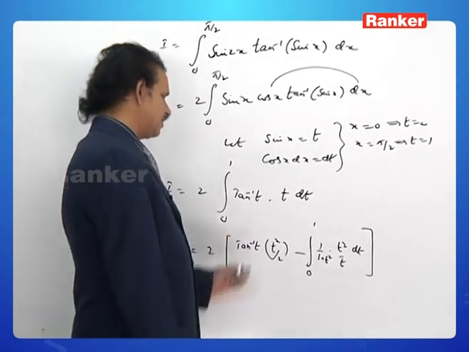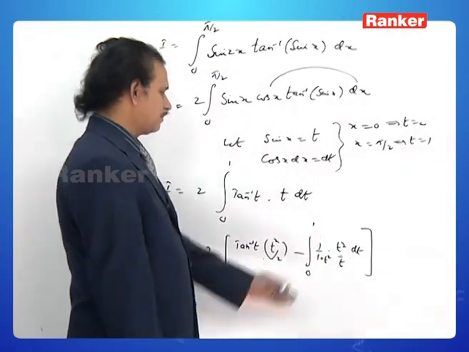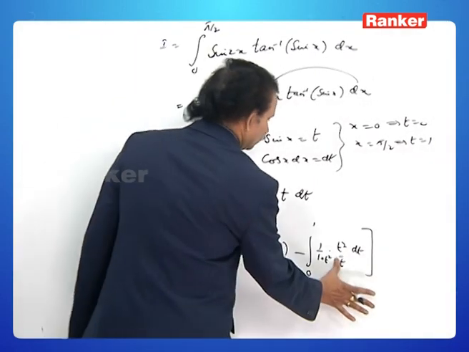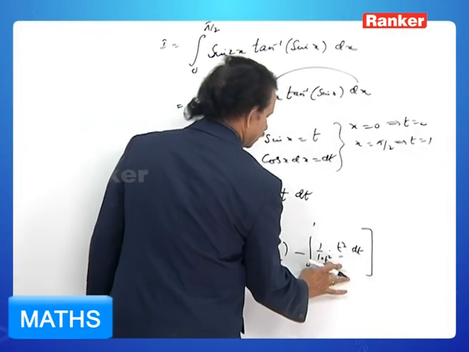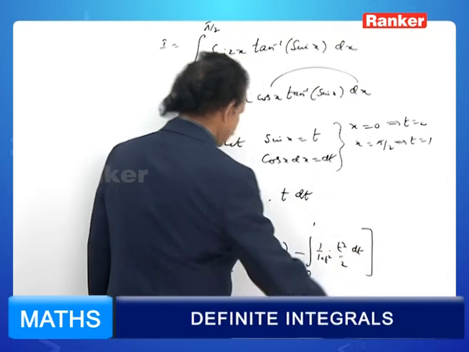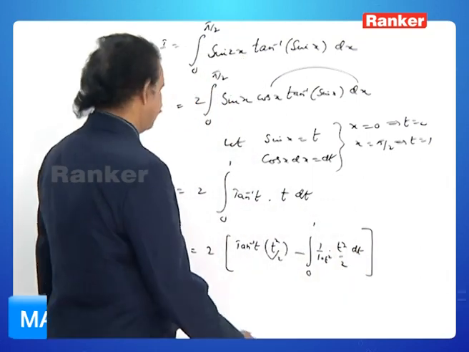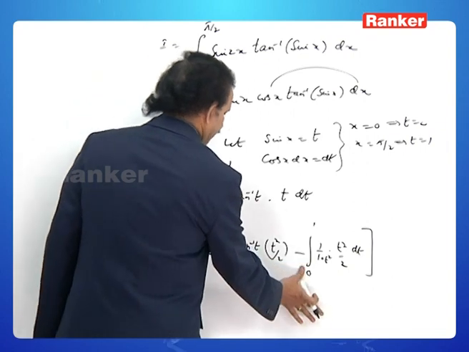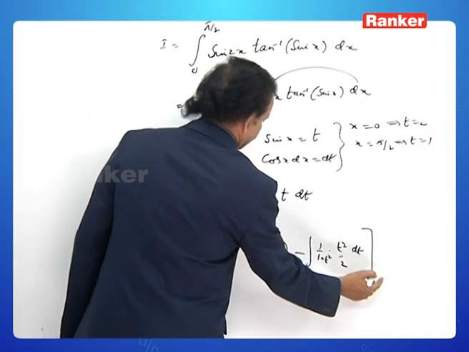Isn't it? The derivative of tan inverse t is 1 by 1 plus t square, into t square by 2 dt, between the limits 0 to 1.